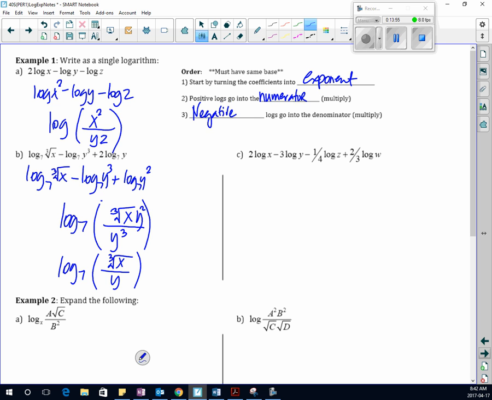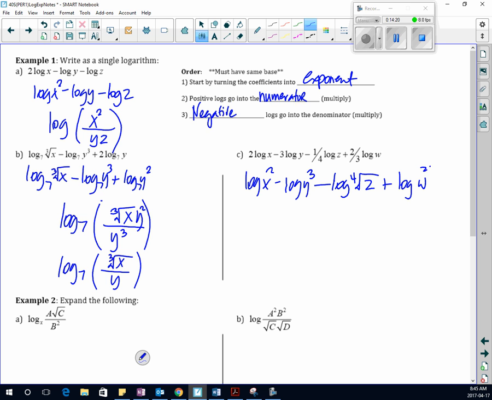Okay, I want you to try C here. Might be 2 marks. Anyways, I'll show my steps here. So this is log of x squared minus log of y cubed minus log of the 4th root of z plus log of w. Oh, geez.